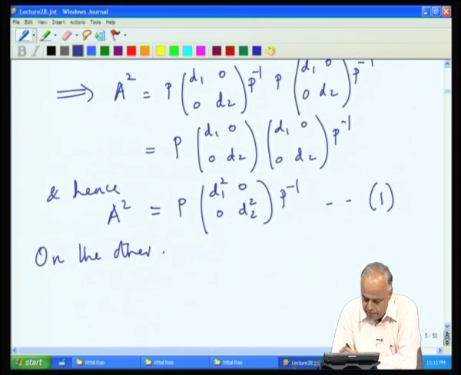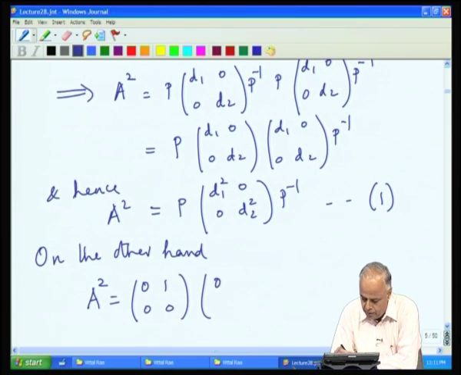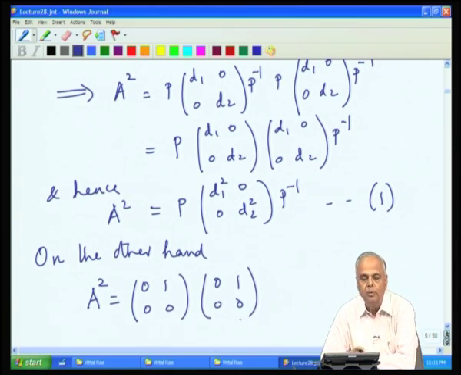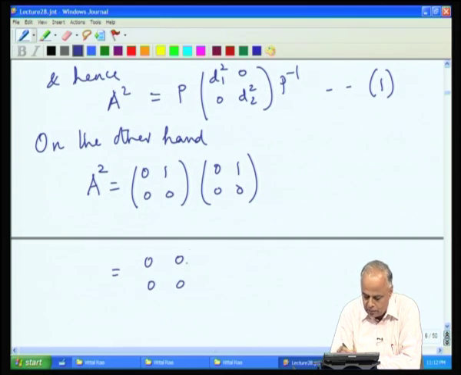we are given the matrix A, let us find what A squared is. A squared is A into A, this was the matrix A. So we are trying to find A squared, which is A into A. When we multiply these two matrices, we get the 0 matrix.